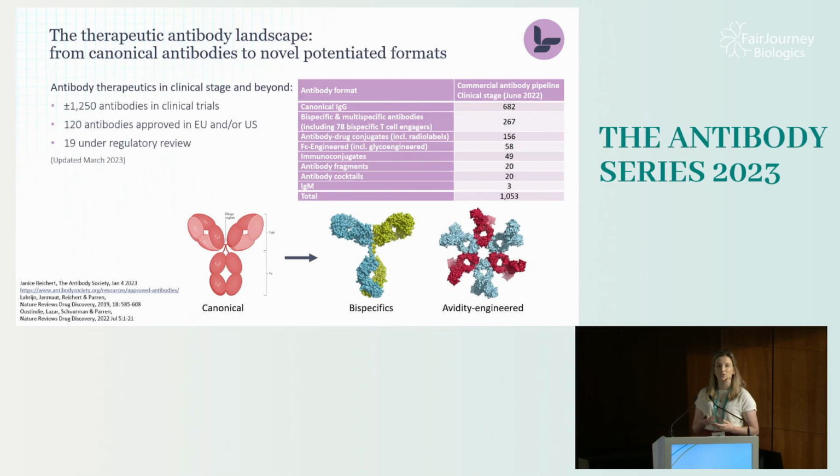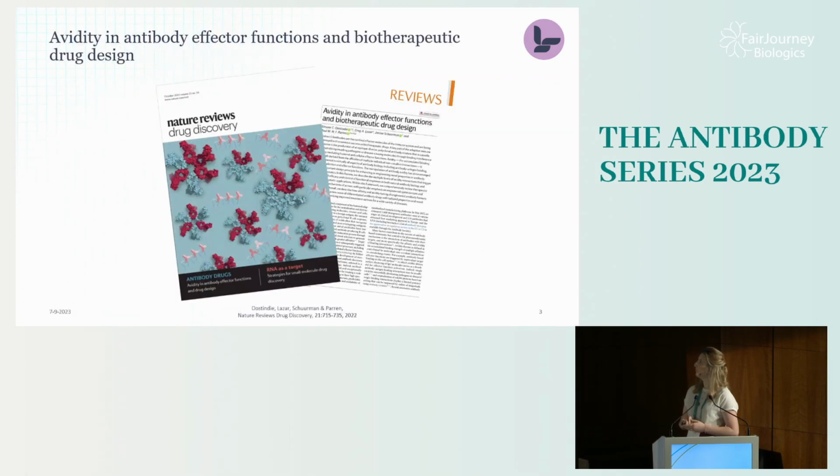But we do increasingly see a shift towards potentiated formats, and these can be bispecifics, but also multispecific antibodies. And I think these antibodies really take advantage of these avidity concepts that I would like to explain to you today.